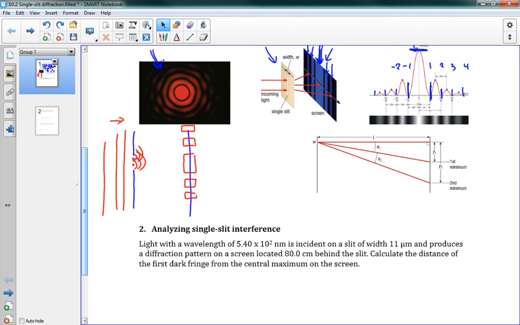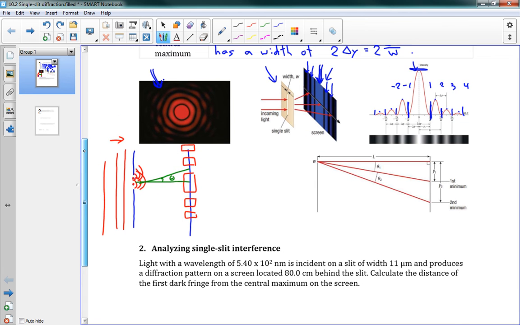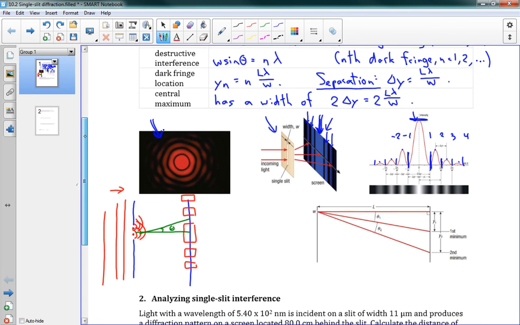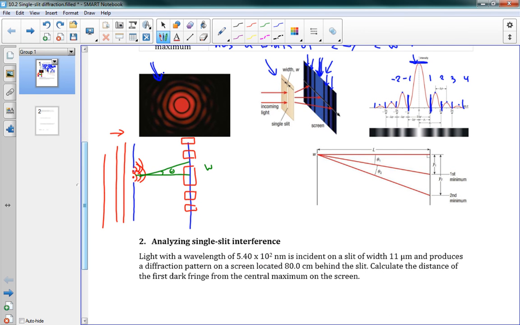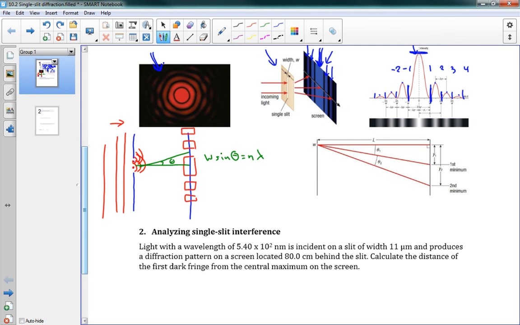That's what we're dealing with, and we can say that the angle here, theta, well, we have our relationship for our dark bands. We can say W sine theta equals n lambda. That's our relationship for our dark bands. And again, W is this distance here, the width of our slit. So that's what's going on. That's our single slit interference. Hopefully that makes enough sense.